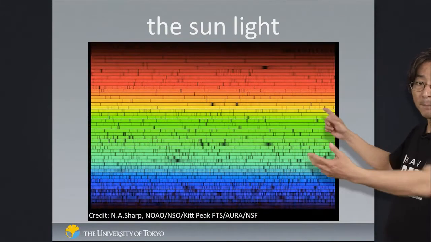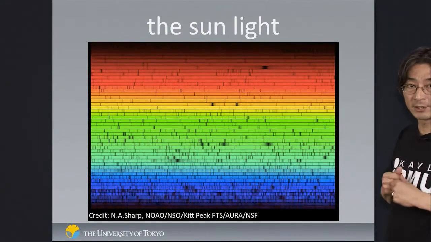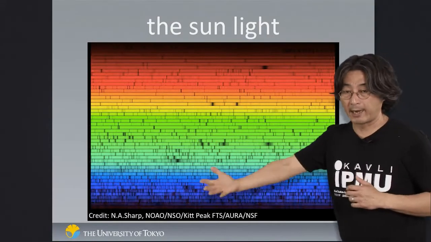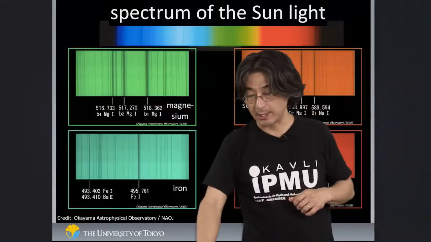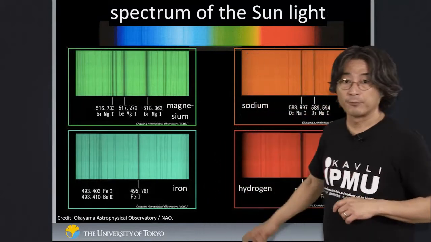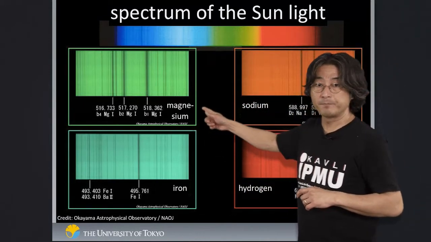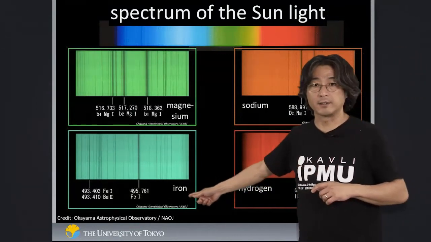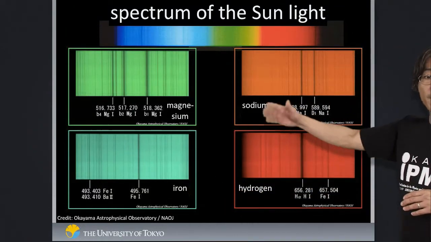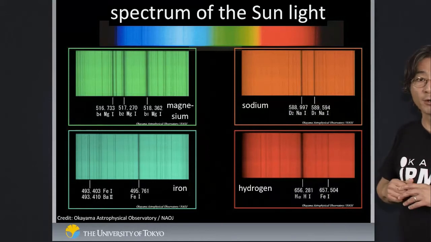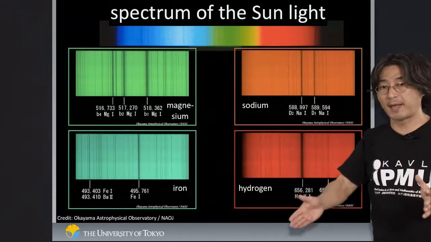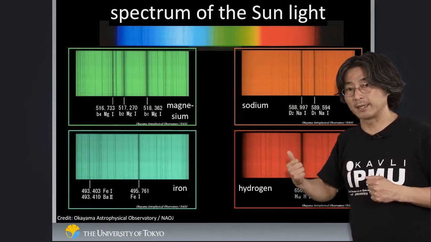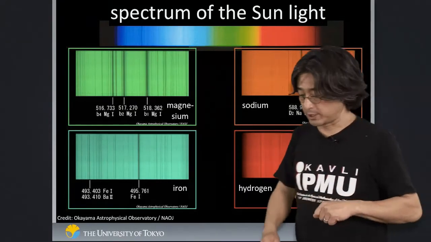If you blow it up, you see many of these lines, and you can identify each one of them to a particular chemical element, which you can study in the laboratory. For example, this is magnesium, this is sodium, hydrogen, and iron. All of them have lines in different colors in different locations. So knowing these black absorption lines in the sun, you can tell exactly which line corresponds to which chemical element.